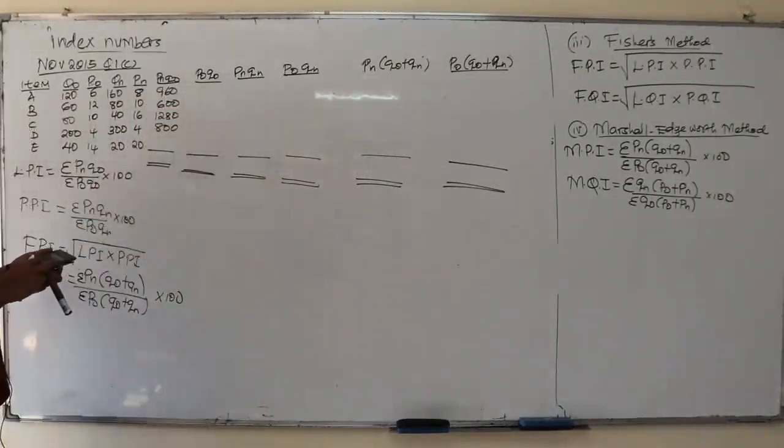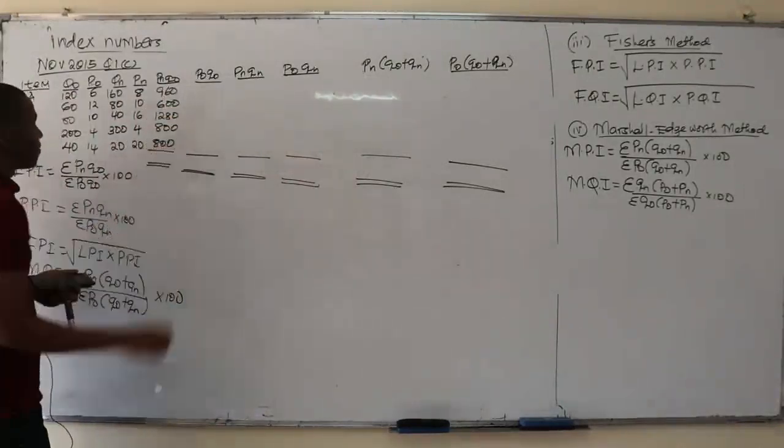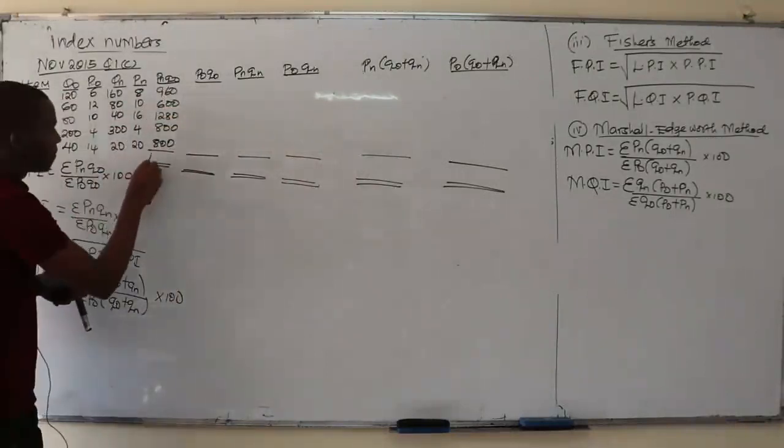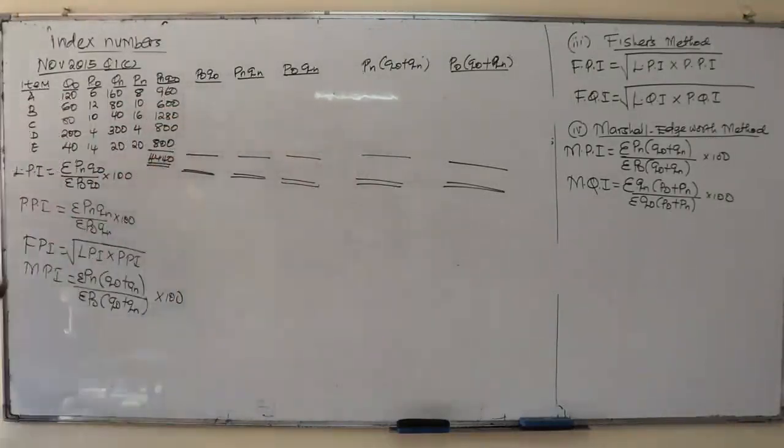And then also 40 multiplied by 20, it will also be 800. And then you get the summation: 1600, you add 1280, you add 600, add 960. What have you got? 4440.